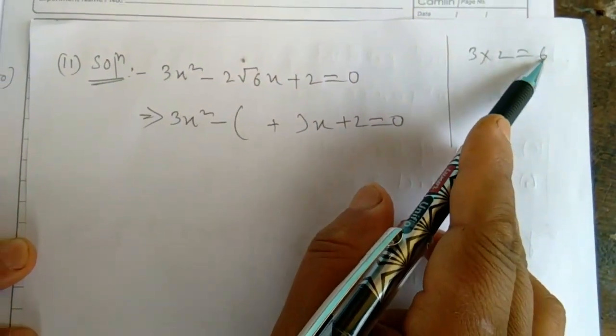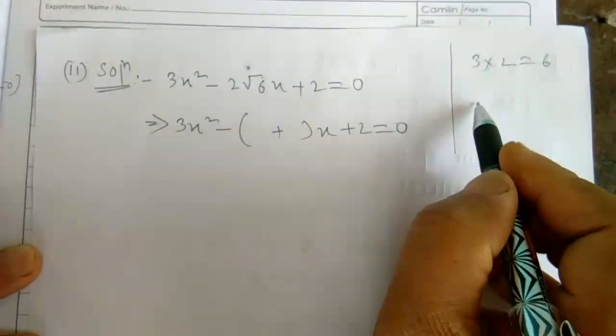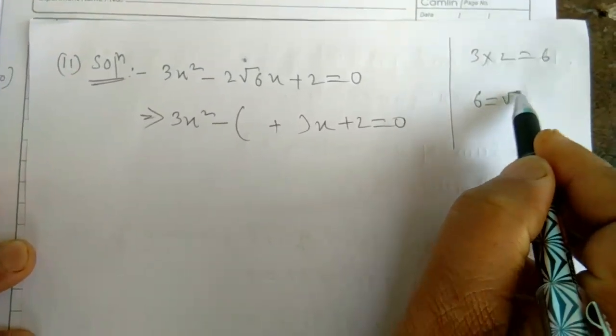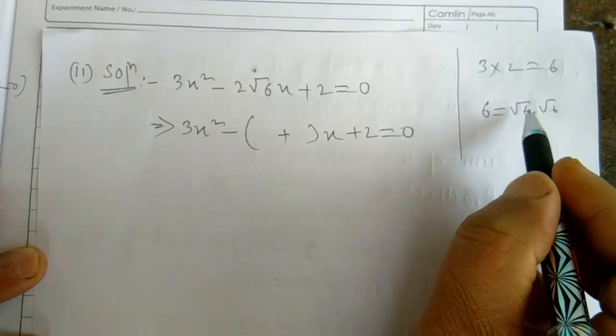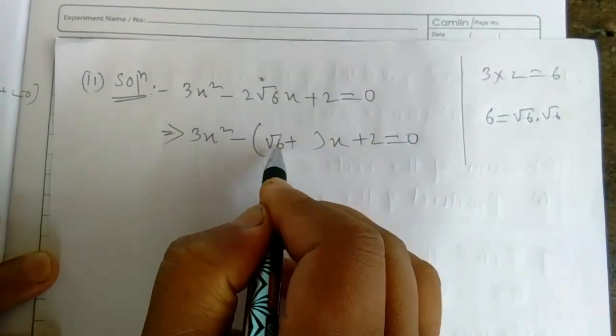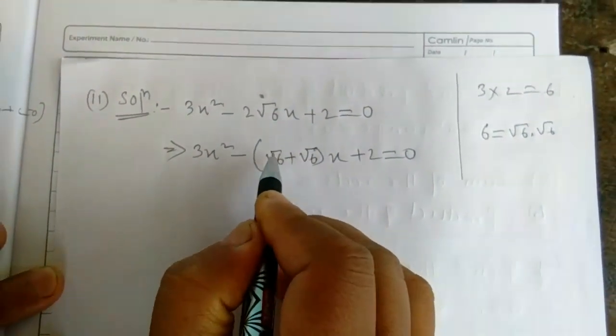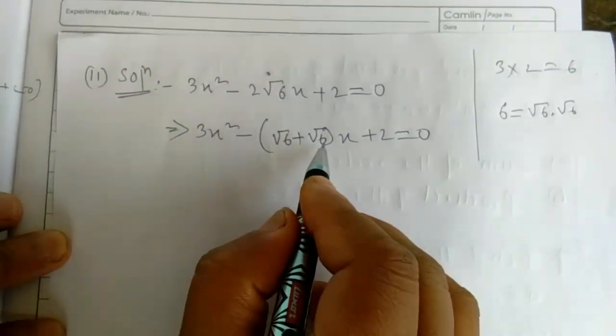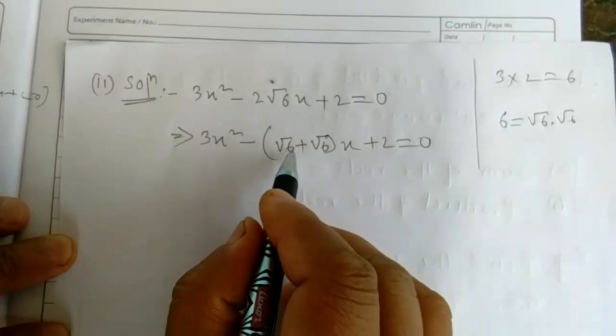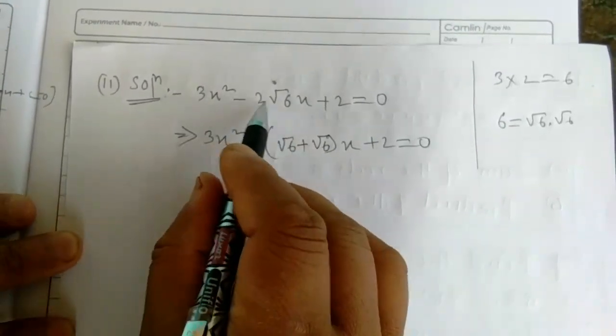We have to express this 6 in terms of root 6. We know that 6 equals root 6 into root 6. So you write here root 6 plus root 6. If you add root 6 plus root 6, you will get 2 root 6.